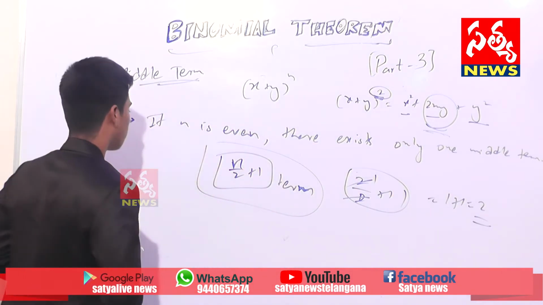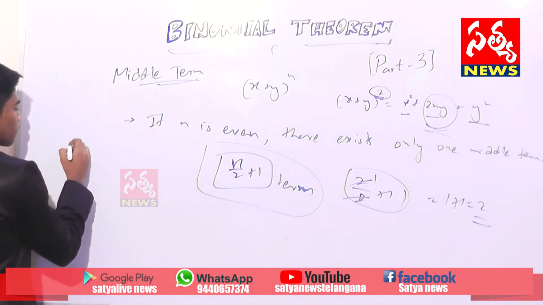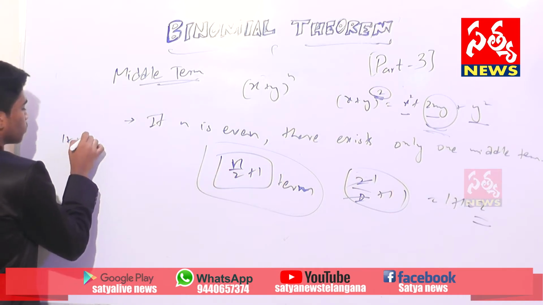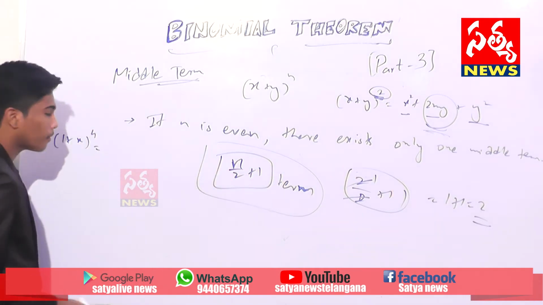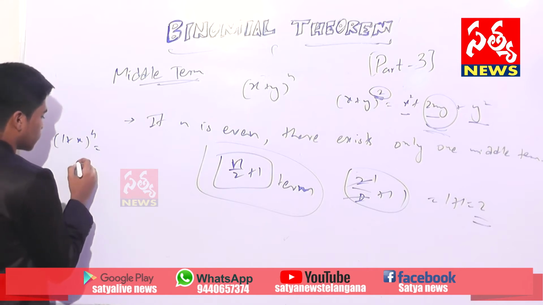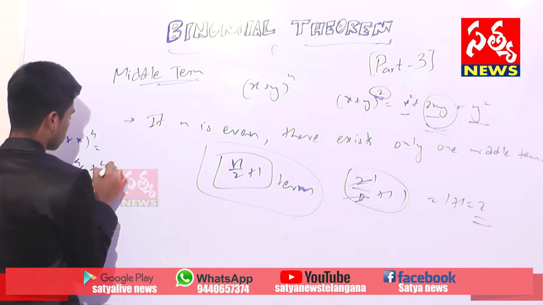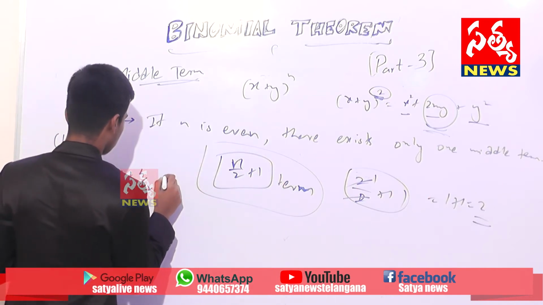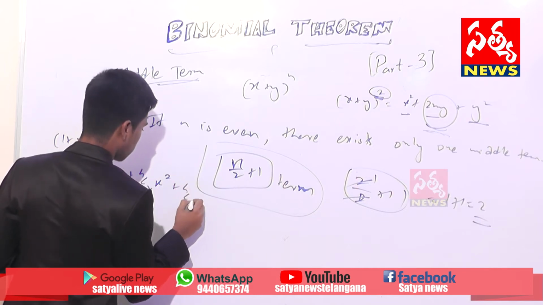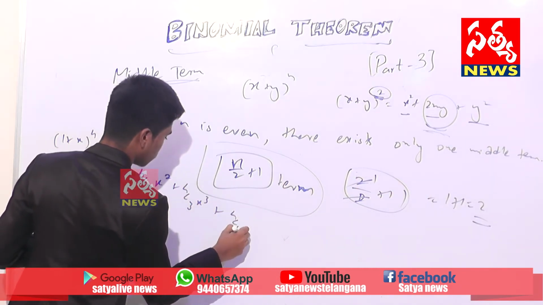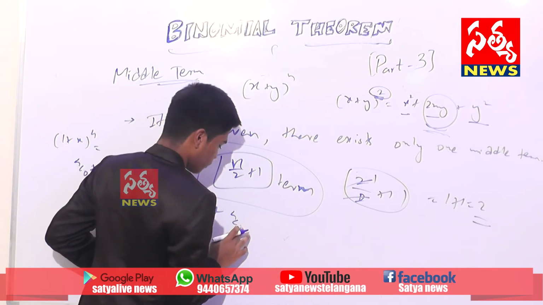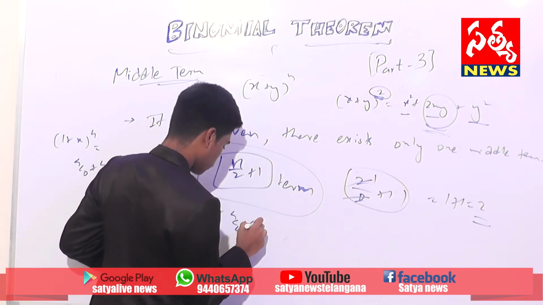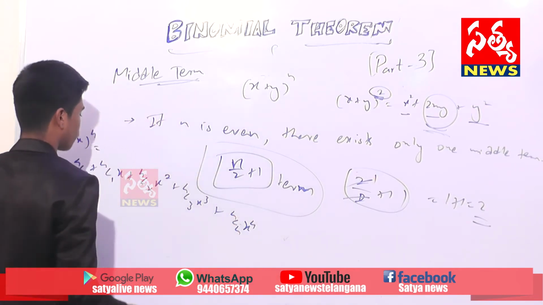Similarly, let's take an example for (1 plus x) whole power 4. The expansion is nC0 plus nC1 x plus nC2 x square plus nC3 x cube plus nC4 x power 4.